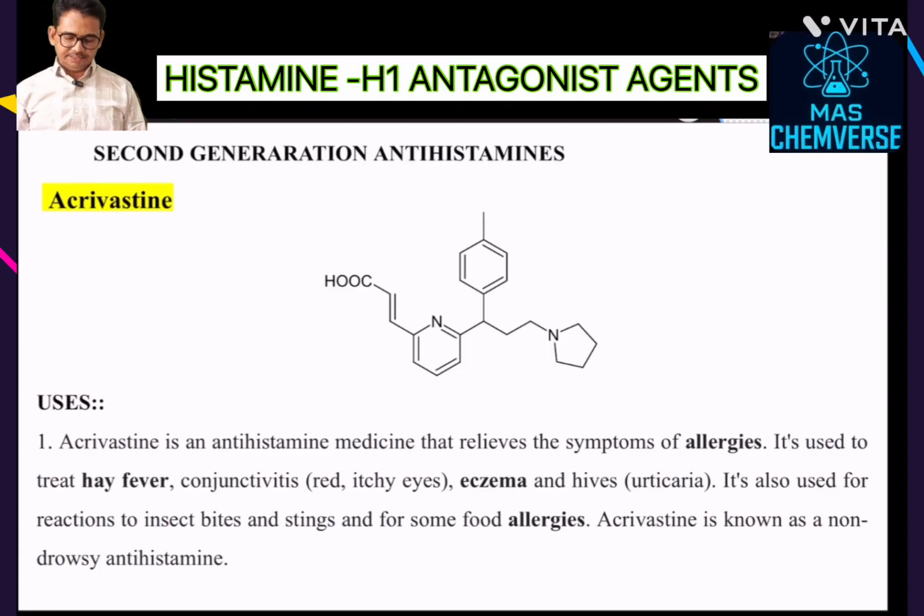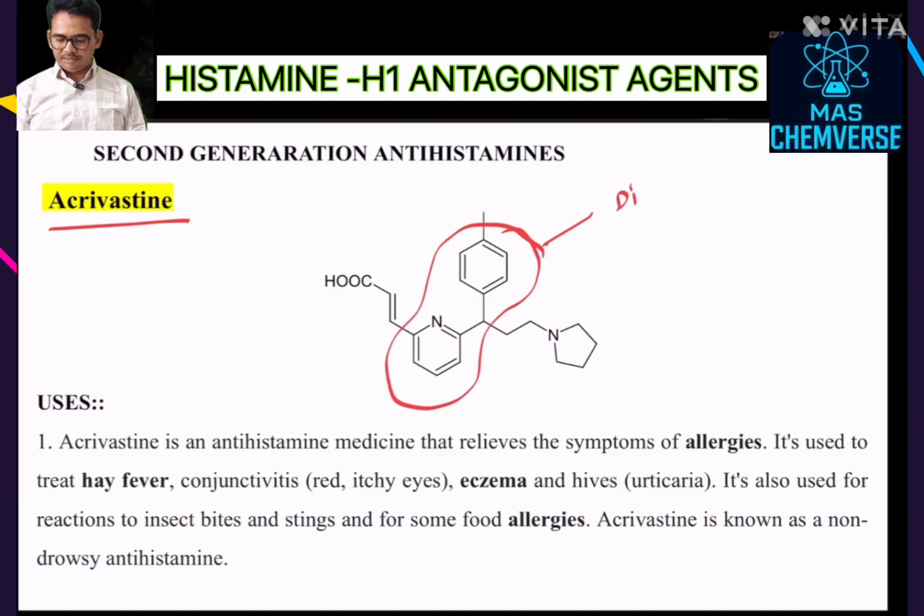Second generation drugs, second generation antihistamines. An example is the acrivastine. This acrivastine also has a diphenhydramine-like diphenyl, but the difference is that it has a pyridine, meaning one phenyl is pyridine.